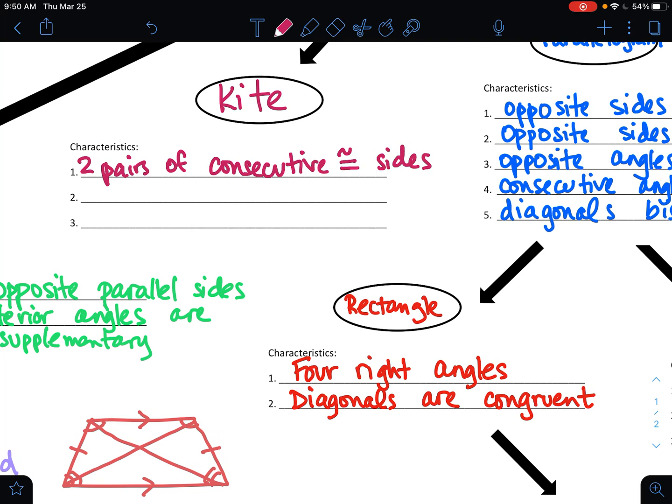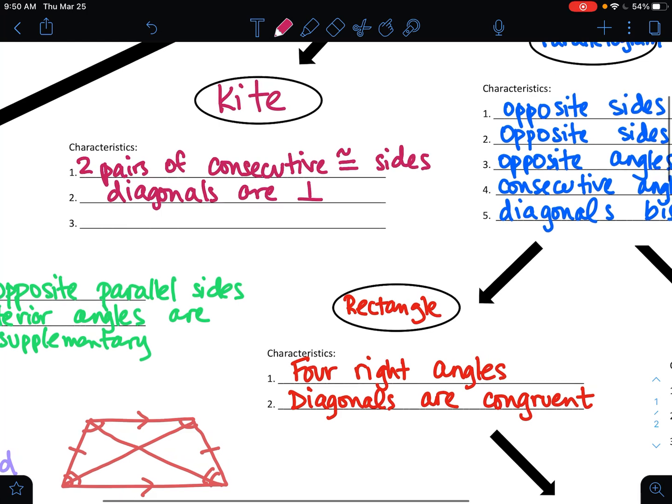I use the congruent symbol, congruent sides. Okay, so the two sets right next to each other, there's only two sets that are equal. Next one about diagonals. The diagonals are, and then let's use the perpendicular symbol.